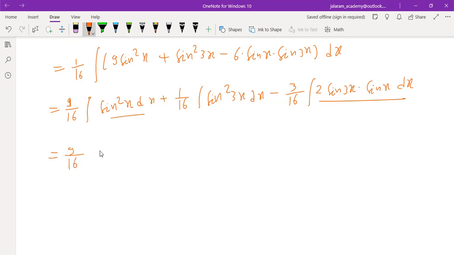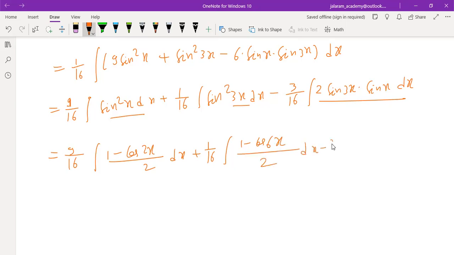Now in this sine square x is there, so we will use the method 1 minus cos 2x upon 2 dx plus 1 by 16. In this also we will use the same procedure. In place of x it is 3x, so in place of 2x it will be 6x upon 2 dx minus 3 by 16 into 2 sine a sine b, which is cos a minus b, that is 3x minus x, minus cos a plus b, that is 3x plus x, cos 4x dx.